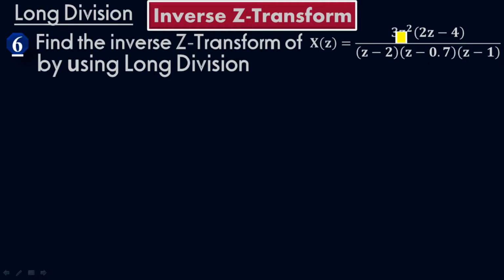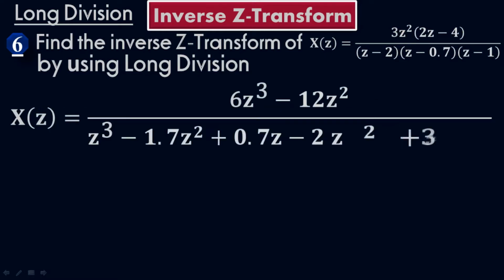First, take the product in the numerator and the product in the denominator to have X(z) equals 6z cubed minus 12z squared all over z cubed minus 1.7 times z squared plus 0.7z minus 2z squared plus 3.4 times z minus 1.4. Take the product of 3 times z squared with this term. 3 times 2 is 6 and z squared times z is z cubed.